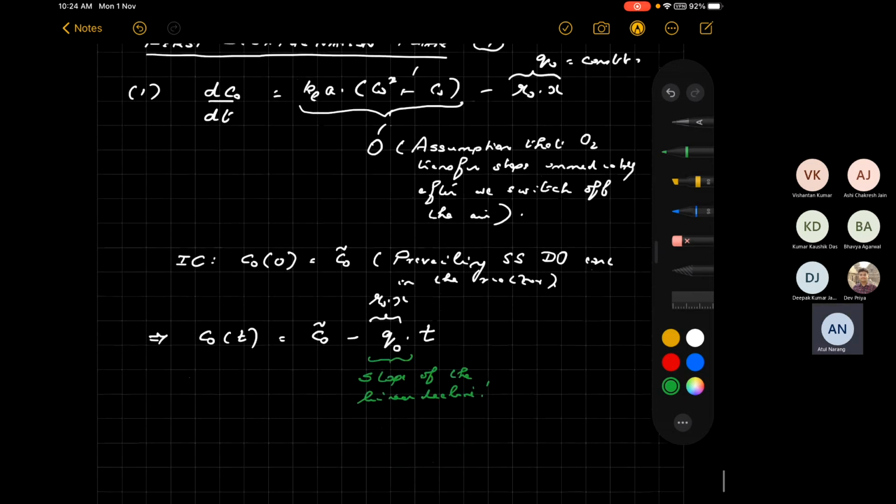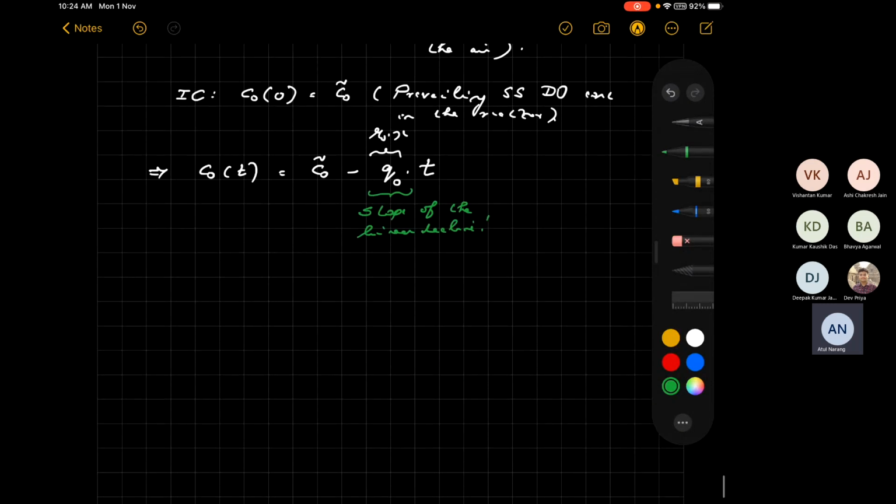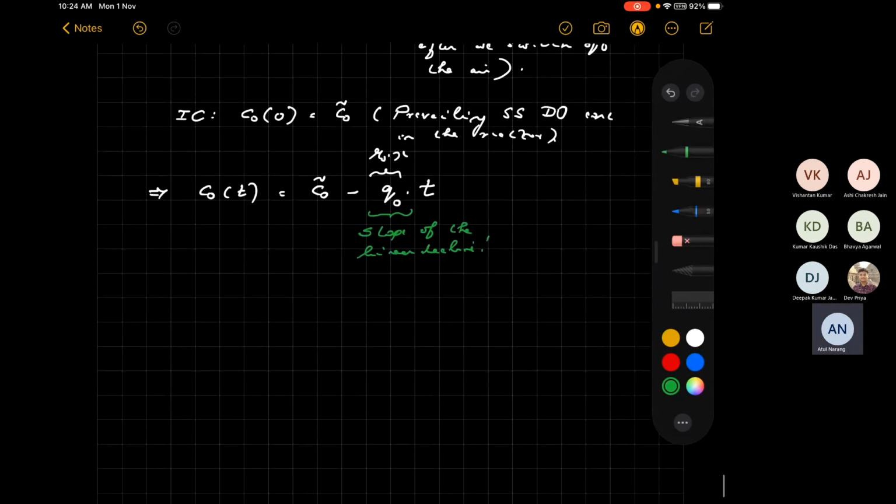Now, once I have Q0, which is the oxygen uptake rate, I can go back to the differential equation and look at how it behaves during the second phase. So now I'm going to go to the second phase.